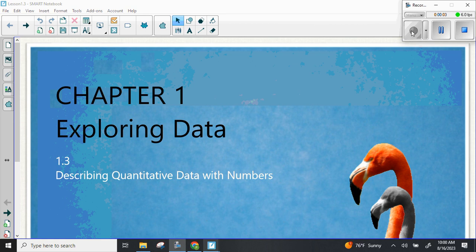We're going to describe quantitative data with some numbers, so we're going to be able to describe location. We're going to get some better measures of center and spread now, because remember, when we're describing a distribution, we need to not forget our SOCS. We need to describe the shape. We need to identify any possible outliers or extreme values.